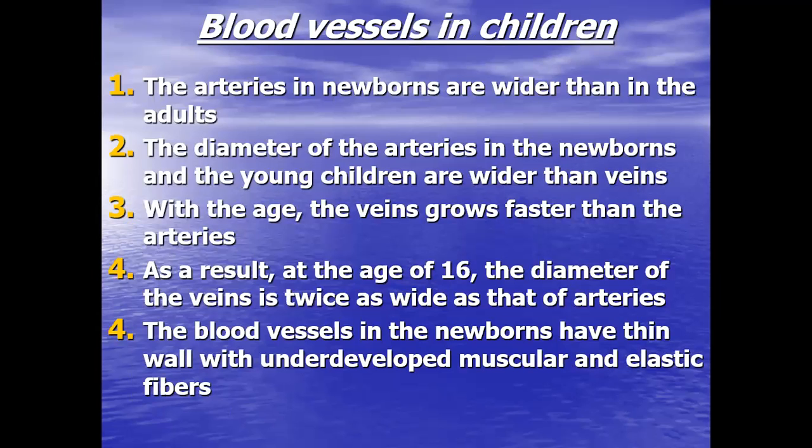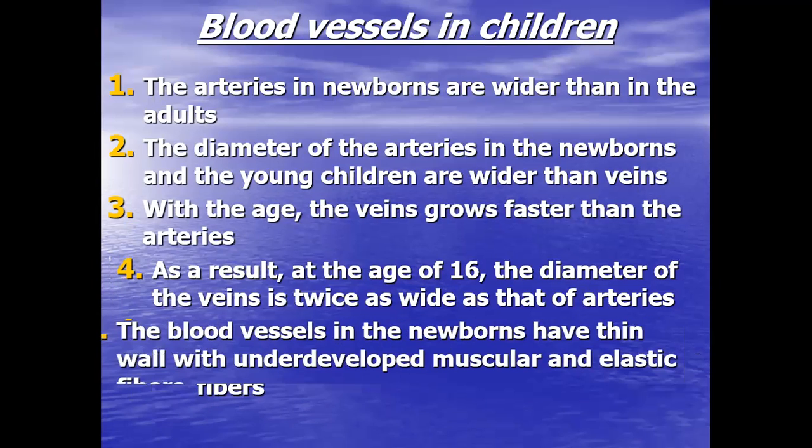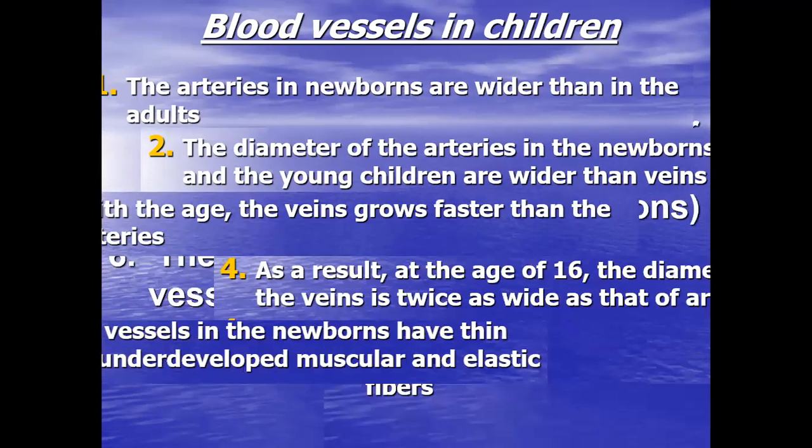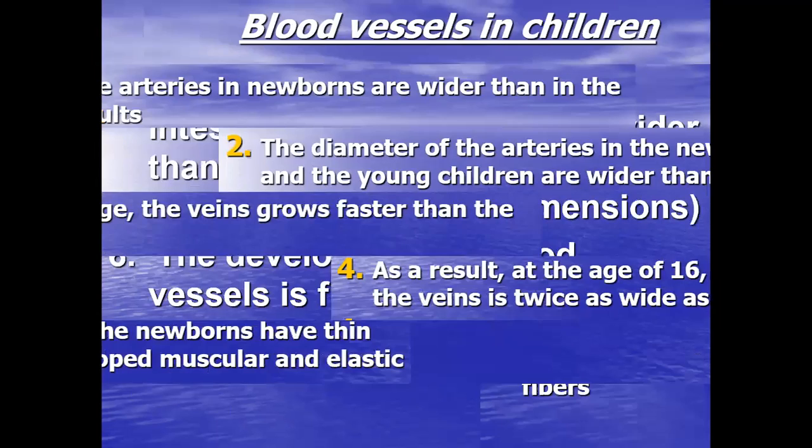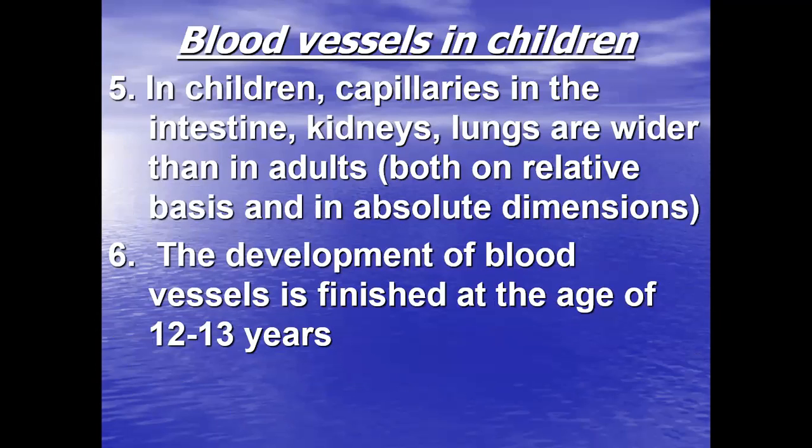As a result, at the age of 16, the diameter of veins is twice as wide as that of arteries, and the blood vessels in newborns have a thin wall with underdeveloped muscular and elastic fibers. And the development of the blood vessels is finished at the age of 12, 13 years.